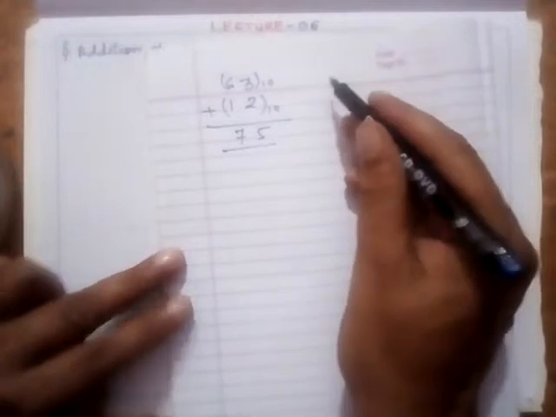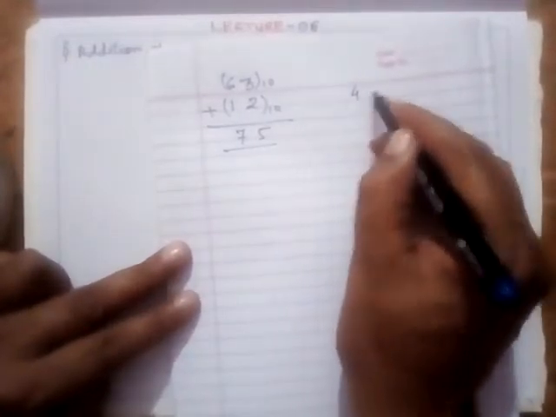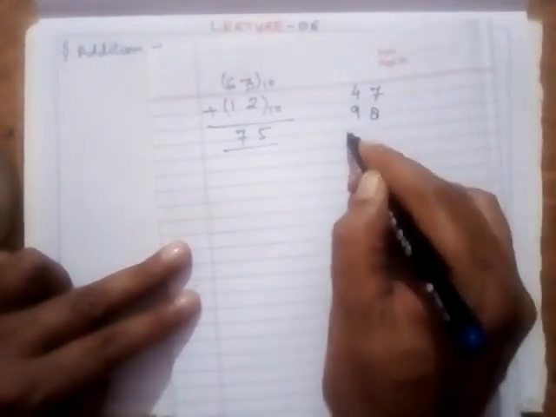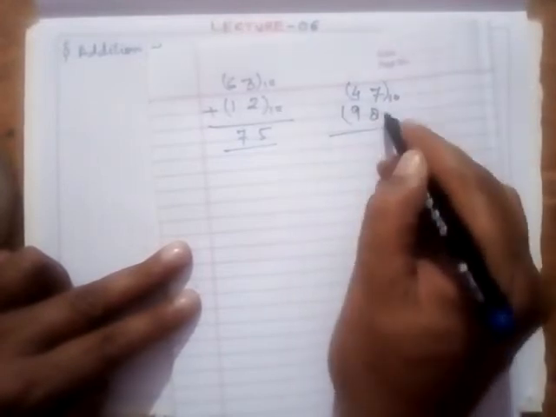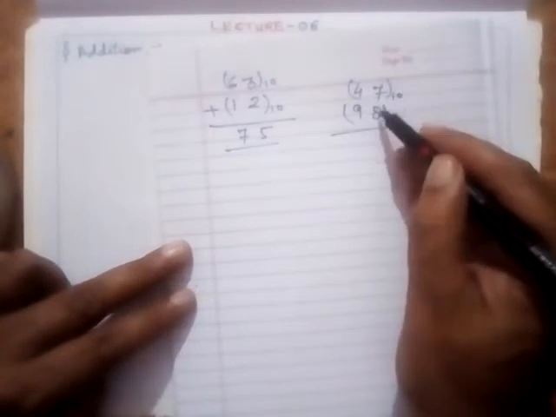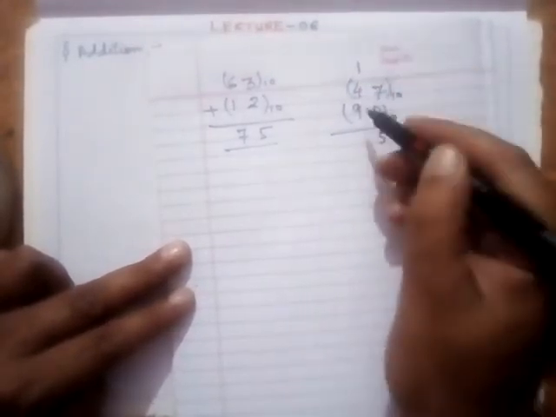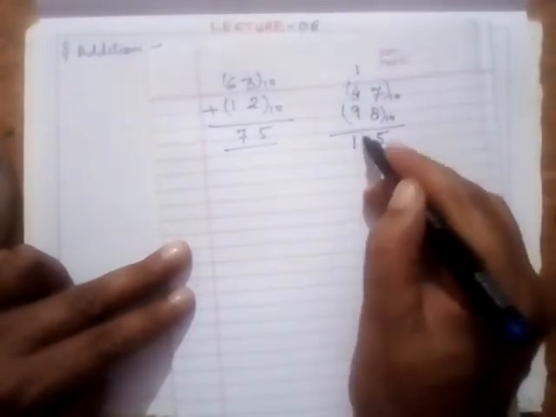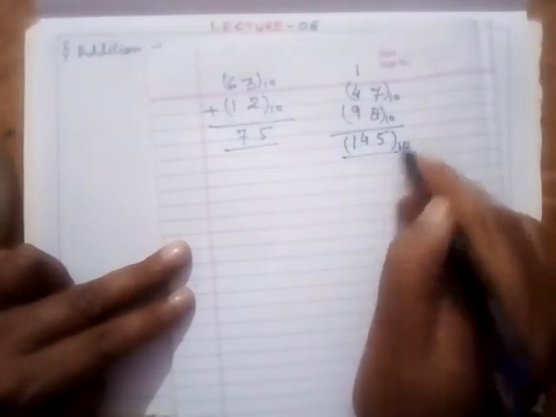Now suppose I take another example, 47 plus 98. This is base 10 and this is also base 10. 8 plus 7 is 15, carry 1, then 9 plus 4 is 13 and 1, 14. This is the corresponding number in base 10.